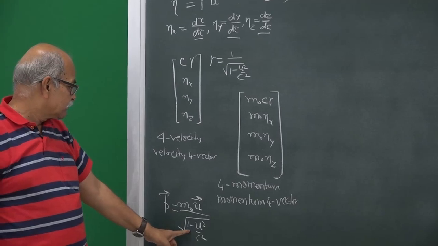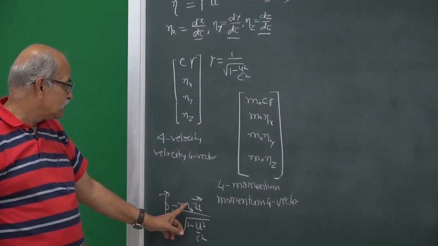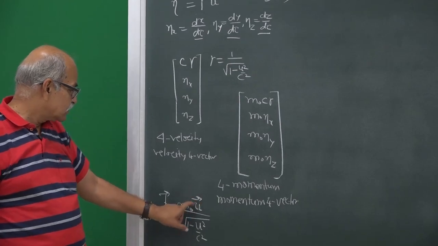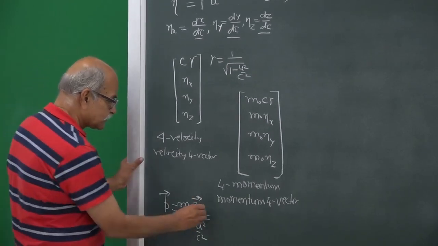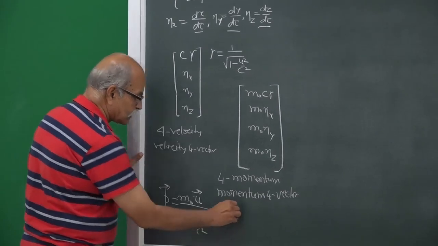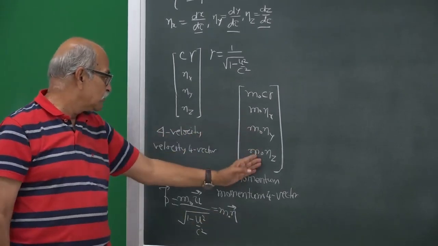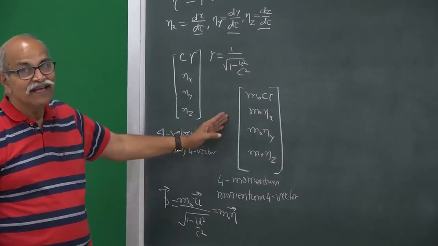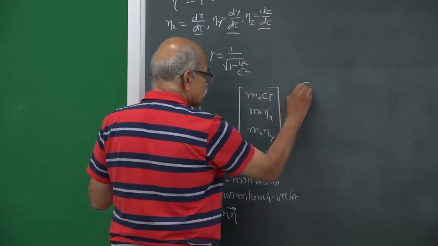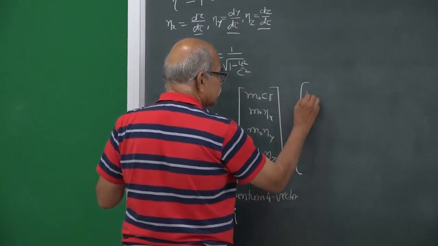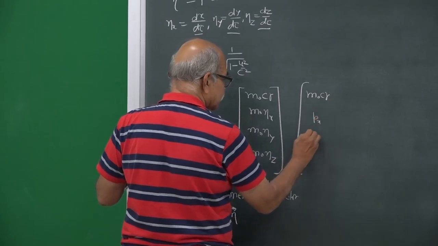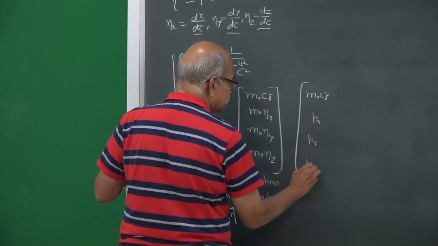So, this is m naught times gamma times the velocity, which is eta. So, this is m naught times eta, and hence these are components of linear momentum in x, y, z direction. This is your px, py, pz, with m naught c gamma here and then px, py and pz.